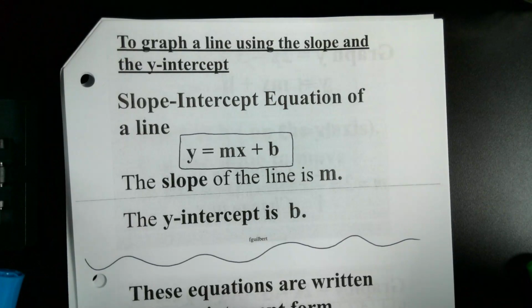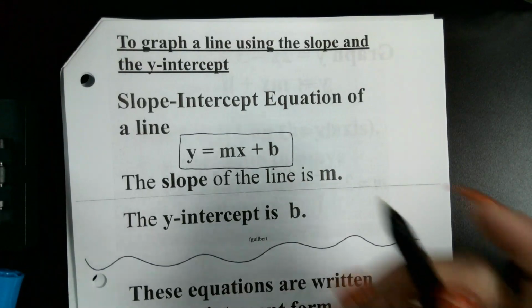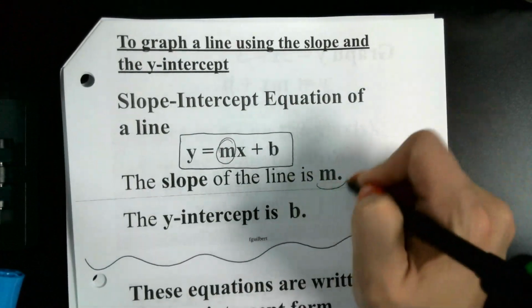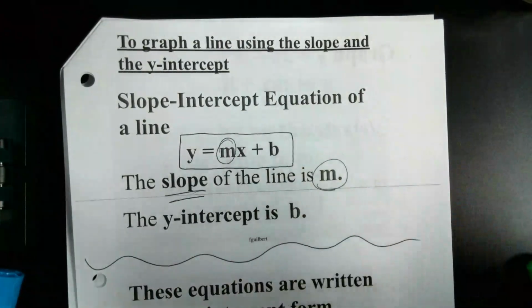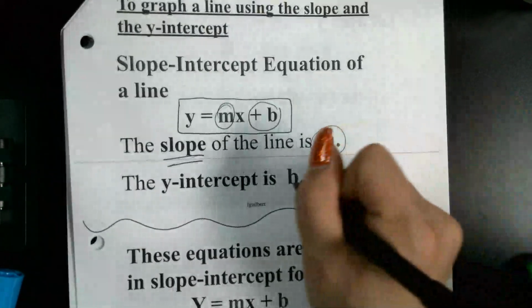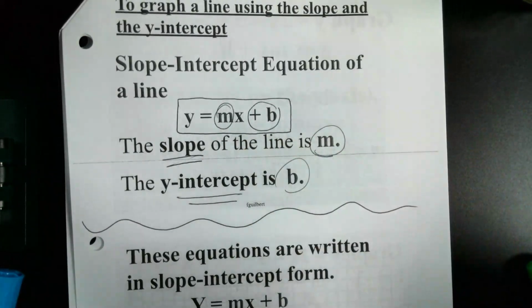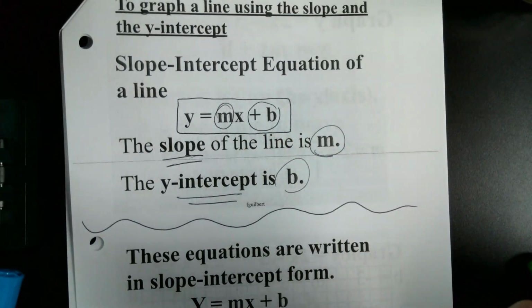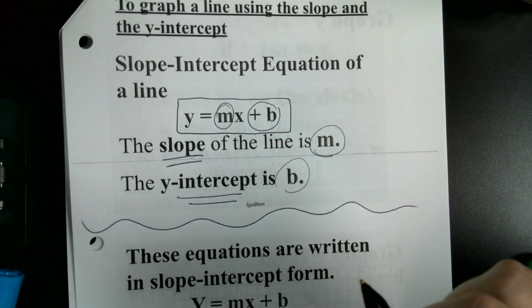You need to be able to say it's y equals mx plus b. Okay, so the m represents our slope. And then this letter b here is what we call the y-intercept. So that's where the line would cross the y-axis.